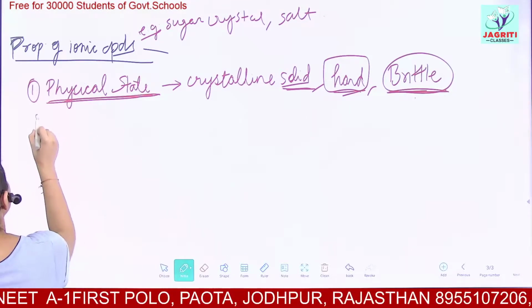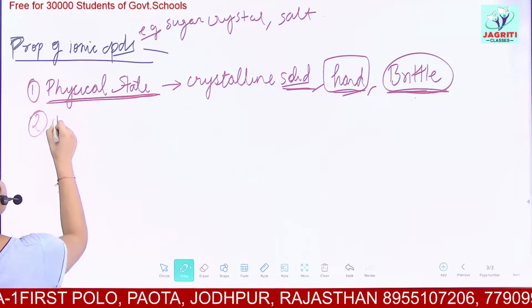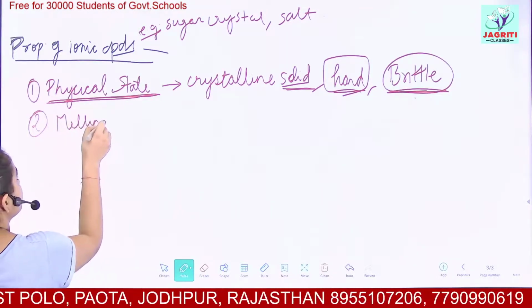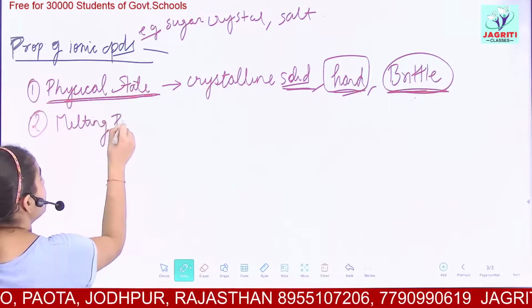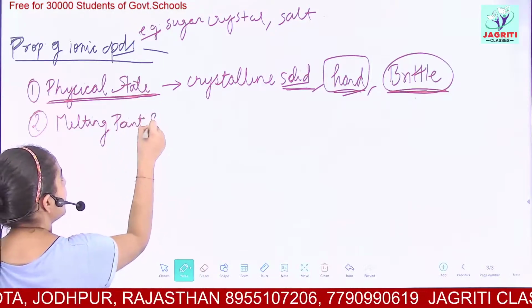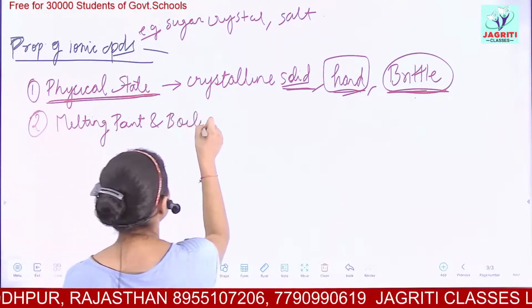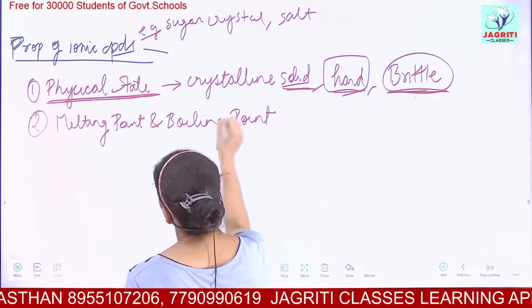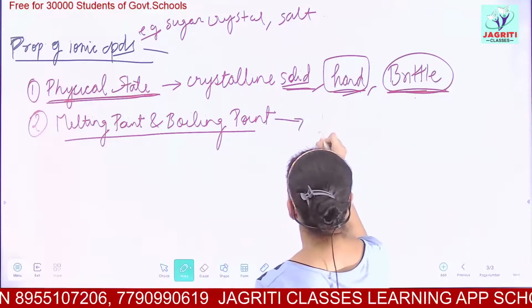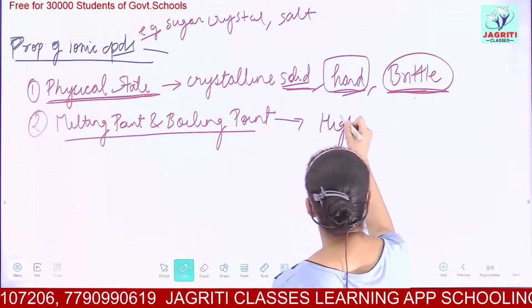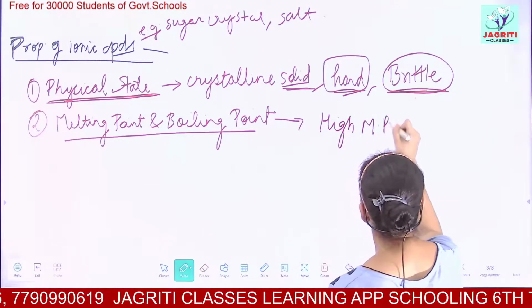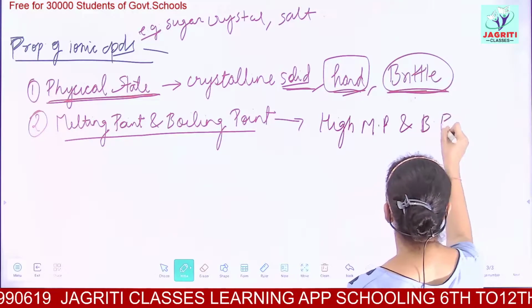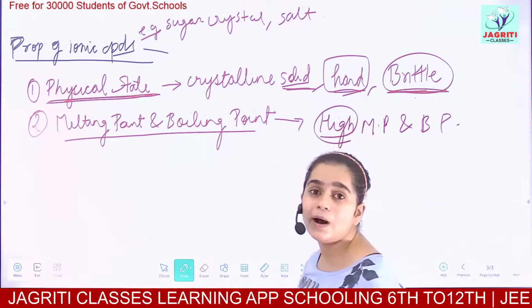Now the next point: their melting and boiling point. These ionic compounds have high melting and boiling points.